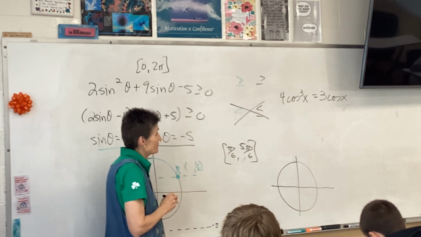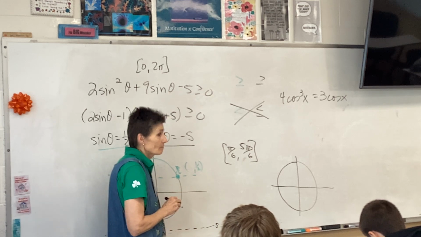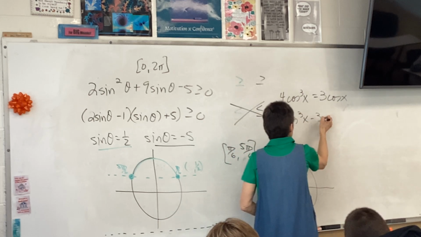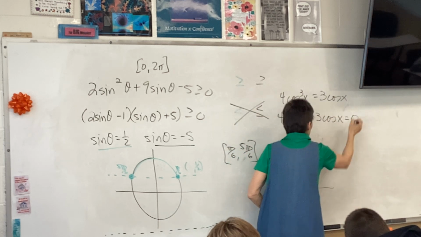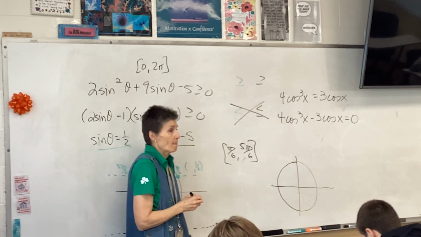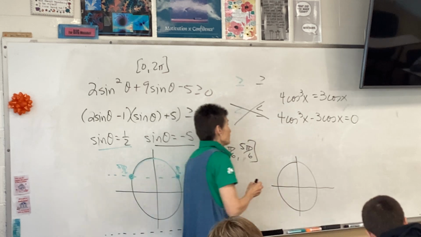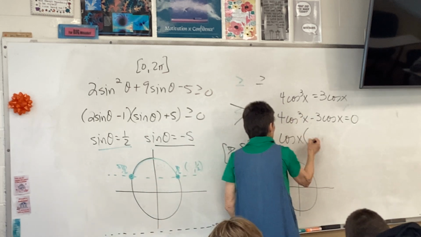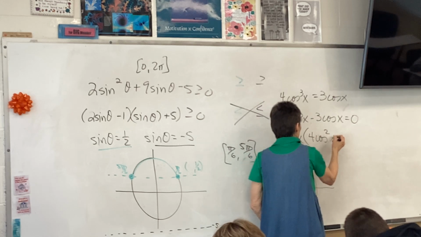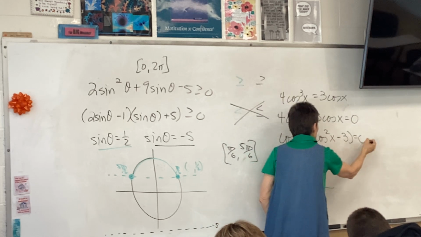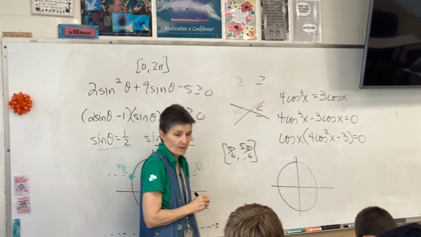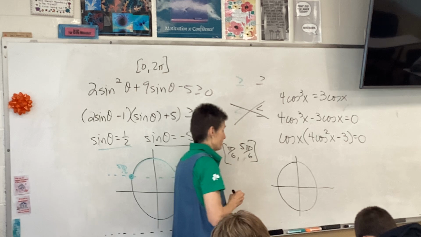All right, what do you want to do with this guy? Subtract. So 4 cosine cubed minus 3 cosine. Perfect. Then what? Factor out a cosine, leaving you with 4 cosine squared minus 3. All right? So what does that mean?